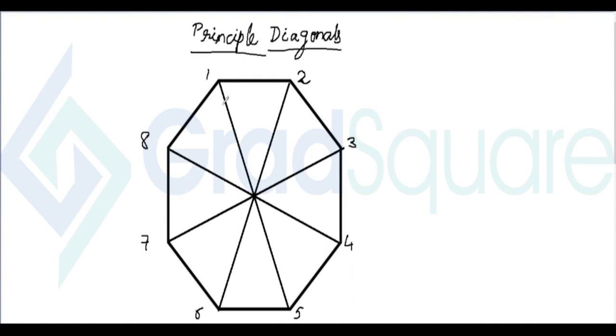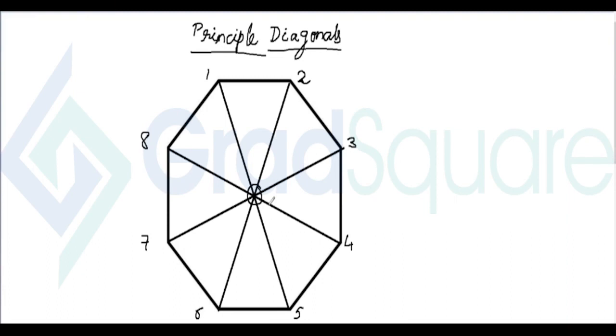And if we look at this figure now, it becomes very clear that all the principal diagonals are concurrent. Concurrent means they cut each other at the same point. And this point of concurrency of the principal diagonals of a regular polygon is called the center of the polygon. And the center of a polygon only exists in the case of regular polygons with an even number of sides.